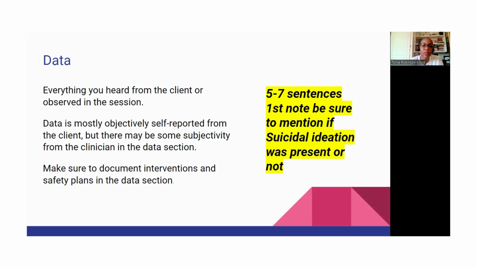Typically you want to have sentences like, the client seemed happy as evidenced by them stating that they were happy in their emotional recall. Make sure to document interventions and safety plans in the data section.